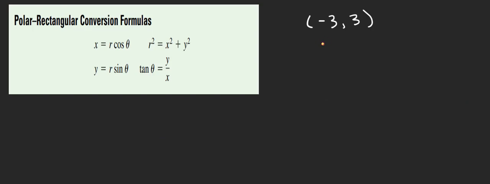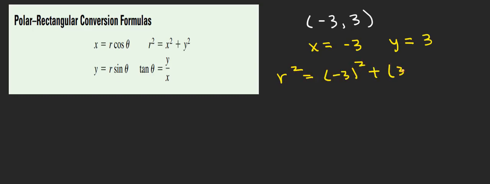What about if you want to plot negative 3 comma 3? Well, x equals negative 3 and y equals 3. So r squared will be negative 3 squared plus 3 squared. And that's going to be 9 plus 9, which is 18.